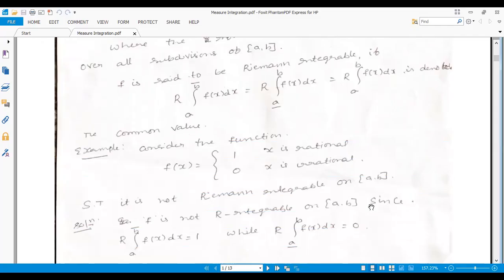Here is a small example of a function that is Lebesgue integrable but not Riemann integrable.